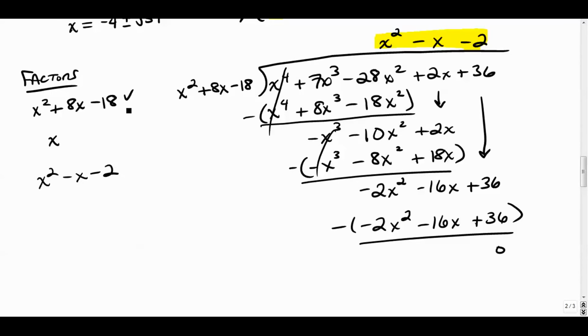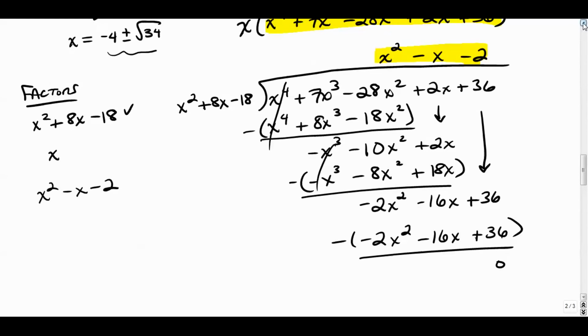Now I know that this one can't factor anymore because it stemmed from these irrational roots, but I think this one can factor. Let's see. X and x, 2 and 1, plus and minus. Check that really quick in my head and it works. So that one's out. This is my final answer here.